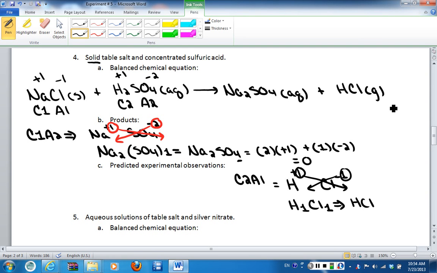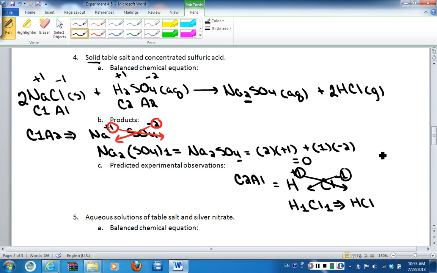So if we go through and look, we see that the sodiums are not balanced, so we have to make sure that we balance those. We see that we have 2 on this side, so we will try and put a 2 here and check to make sure that everything is correct. So we have 2 sodiums, but now we have 2 chlorines on the left-hand side. So we can put a 2 here, and we now have 2 chlorines on the right-hand side.